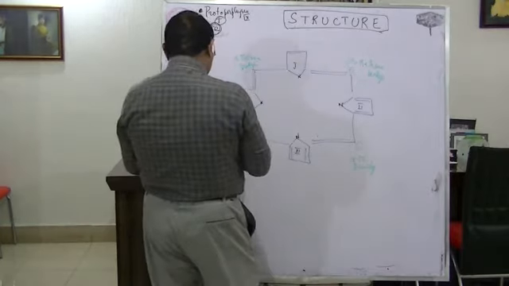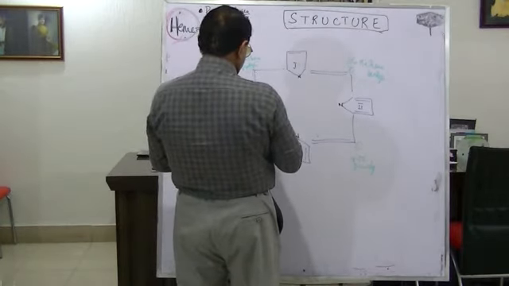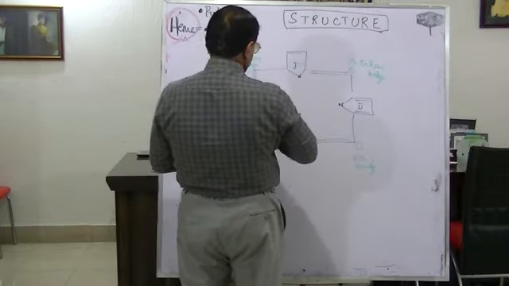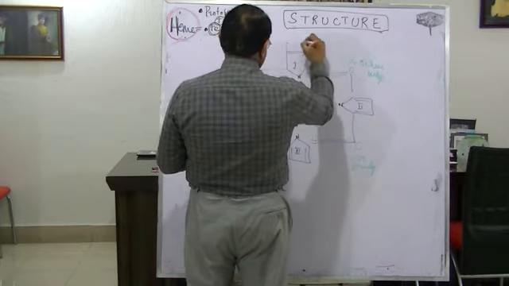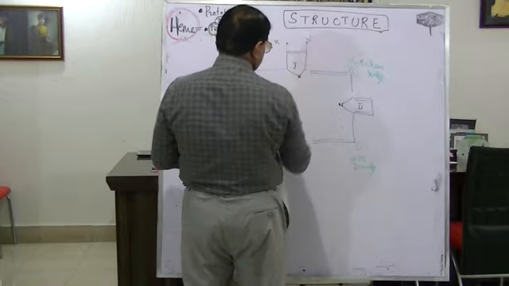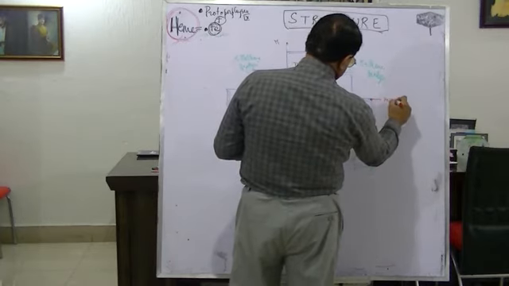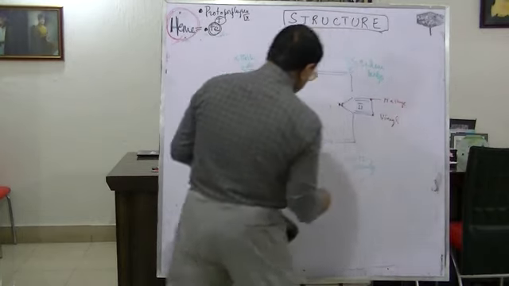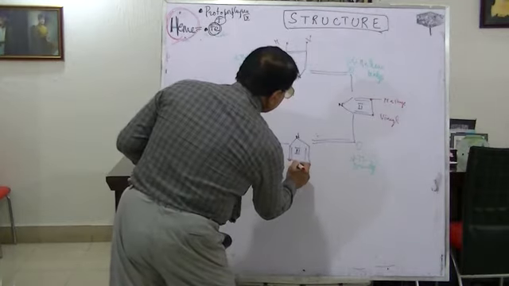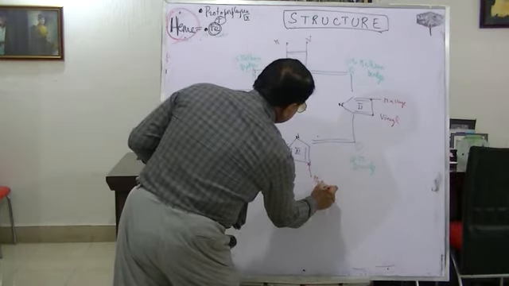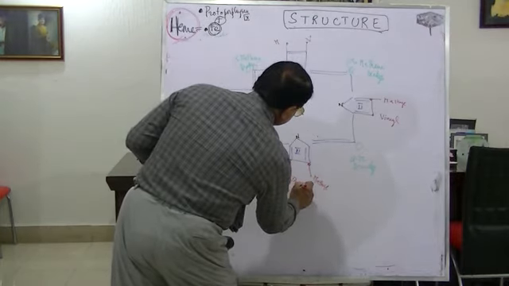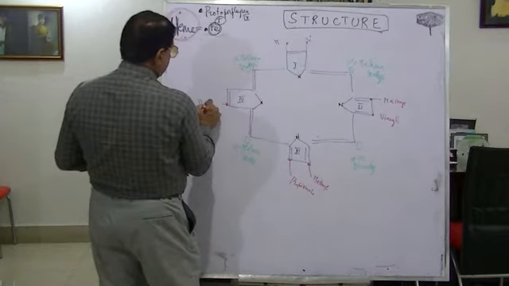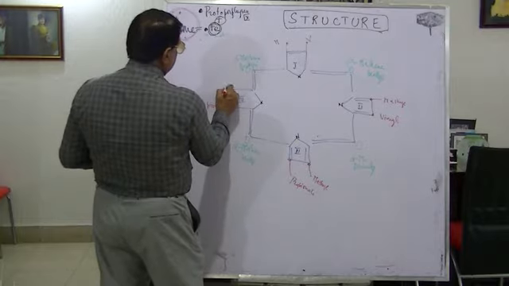and then they've got side chains. Methyl, vinyl, methyl, vinyl, methyl, propionate, propionate, methyl.